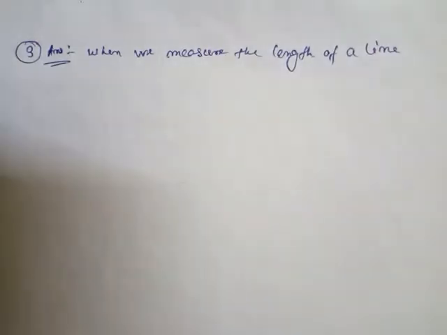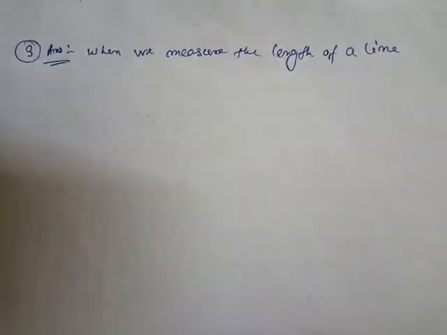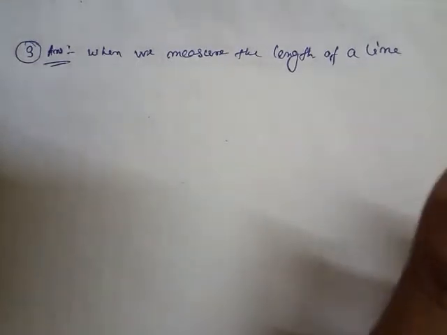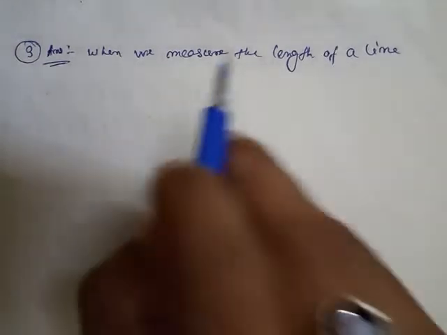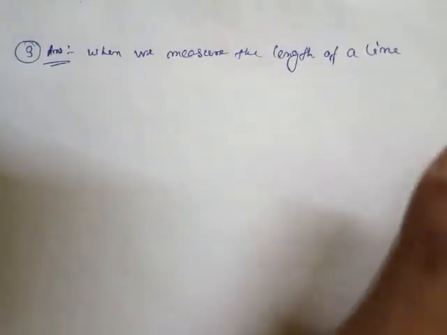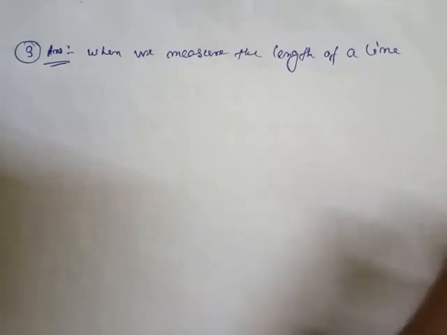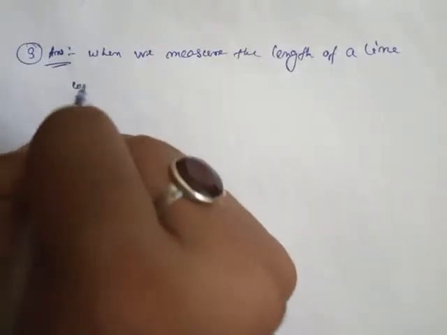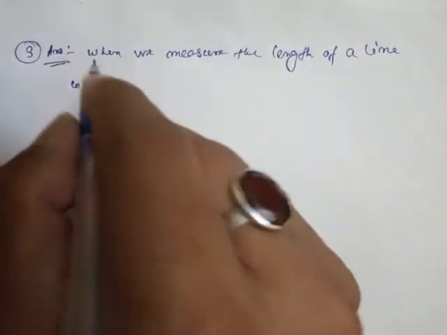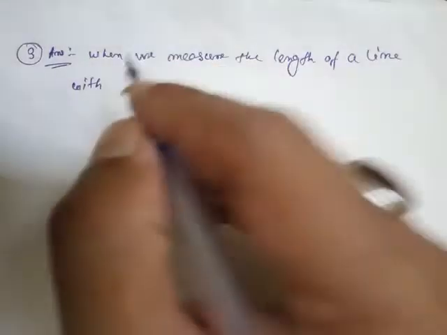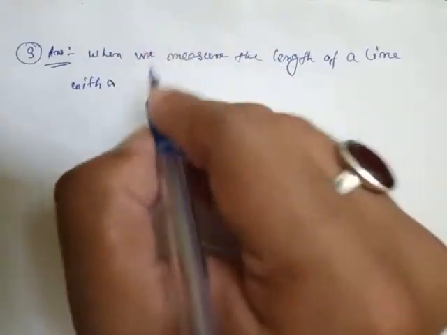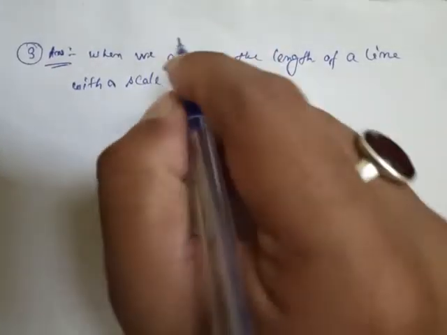Mind the student, I am talking about a line is endless, and a line segment has a fixed distance. So if we are going to measure the length of a line, we may get some approximate value if we measure with a scale.